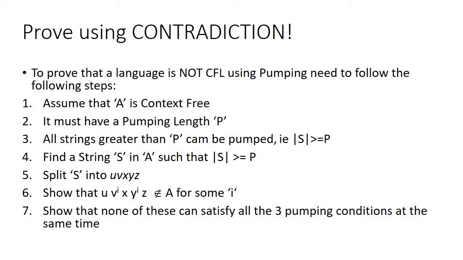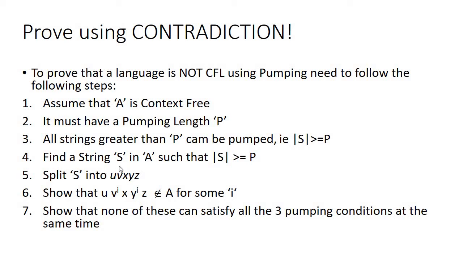It should not be of fixed length. Third, all strings of length at least P can be pumped. So if we have a bigger string which is greater than the given pumping length, it must be pumped and must be generated by the given context-free grammar.